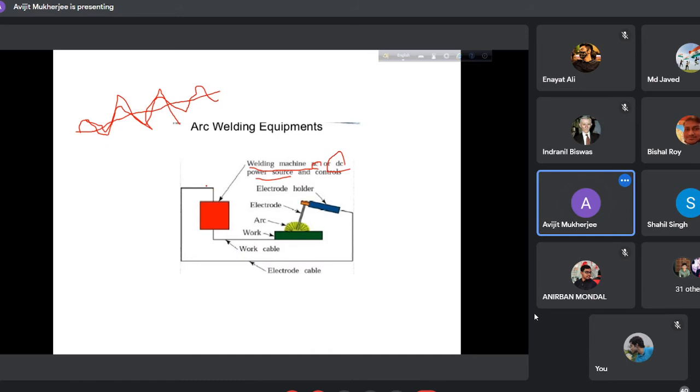So one cable is connected with the electrode. This is the electrode holder, and on the top there is an electrode. Electrode means a rod. This may be a bare wire, meaning without any coating material. So that may be a bare wire electrode. Or generally, in the electrode some coating material, flux coating, is used.